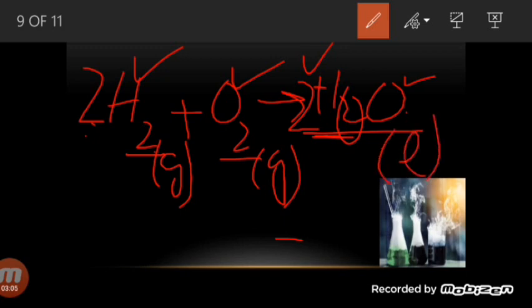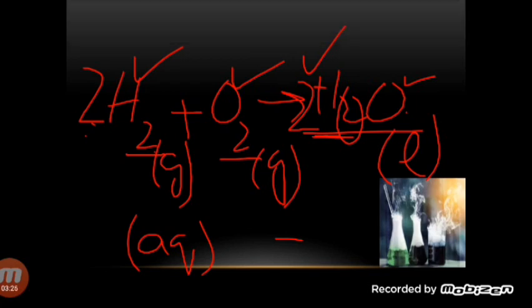So that's why we have to put a small l over there, whereas in case of hydrogen and oxygen, we put a small g in order to indicate their physical state. If something aqueous is used in the reaction, we are going to use aq as a subscript with that element which is taking part in the reaction.